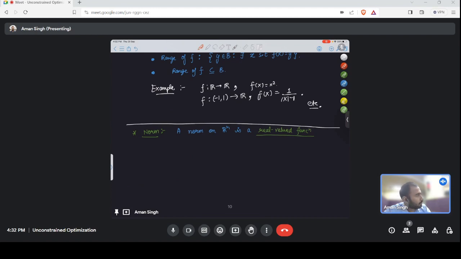A real valued function means its codomain is R, the real numbers. Notice its codomain cannot be some Rn. It has to be R. Then only it's real valued. So a norm on Rn is a real valued function defined like this, which obeys the following rules.